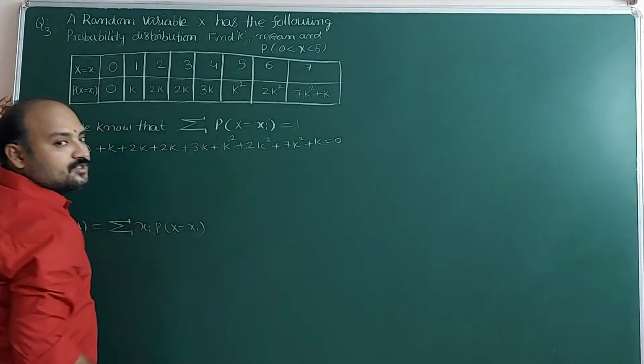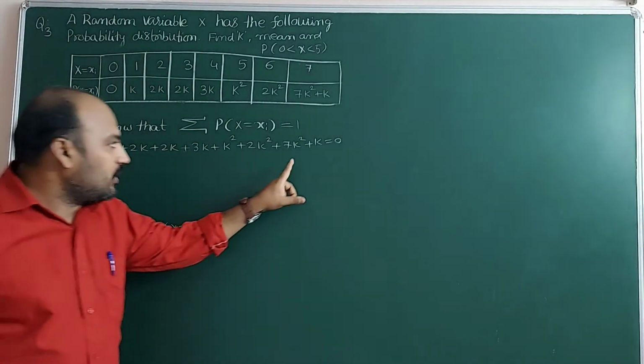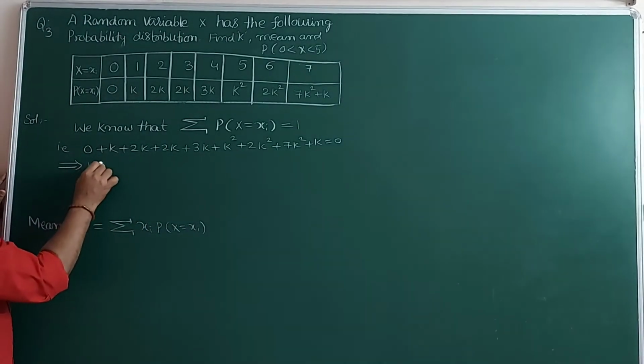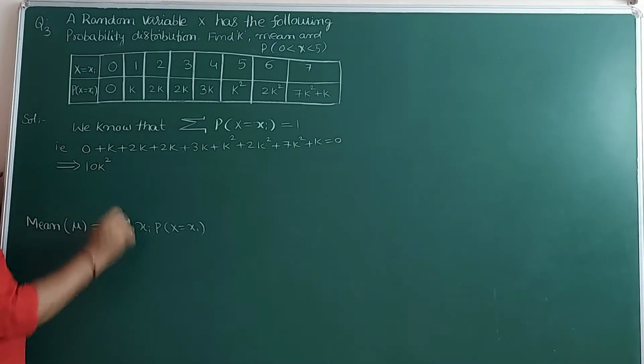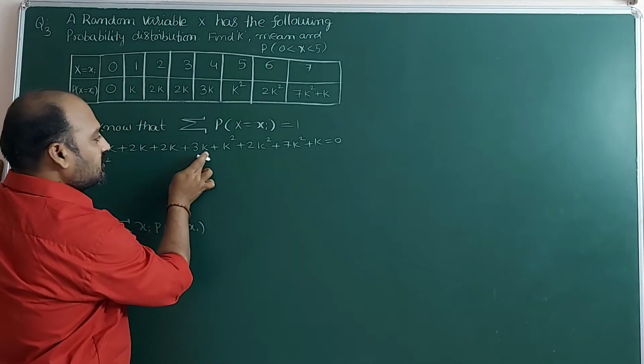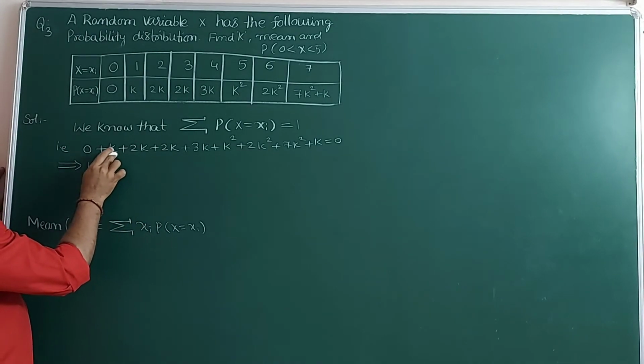First the k square terms: 7k square plus 2k square plus k square is 10k square. Next the k terms: k plus 3k is 4k, plus 4k is 8k, plus k is 9k.